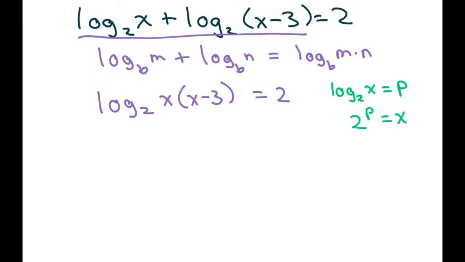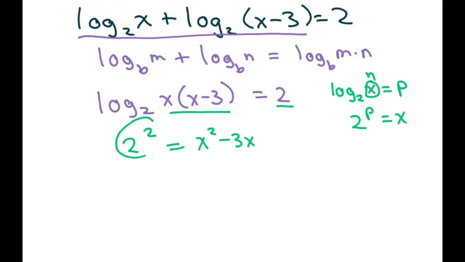Alright, so my base is 2, my power is 2, and this part right here is my value of x. I could have put n instead, but I'm going to go ahead and distribute the x. So we get x squared minus 3x.